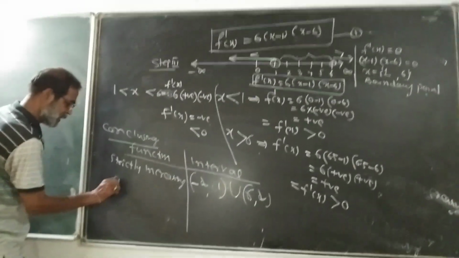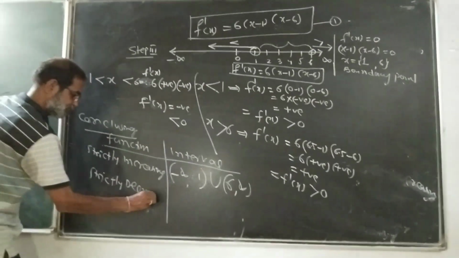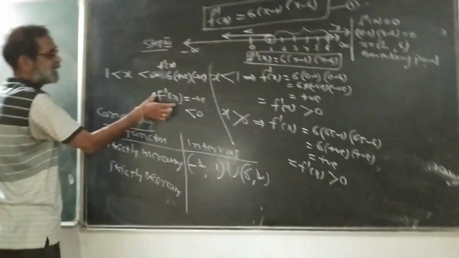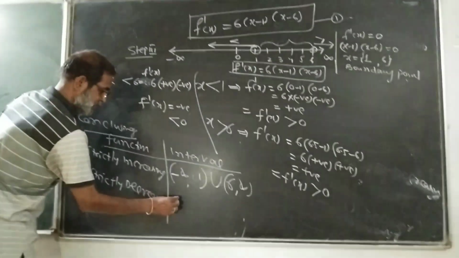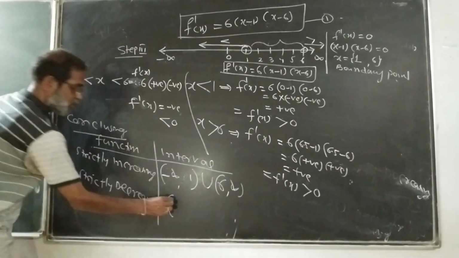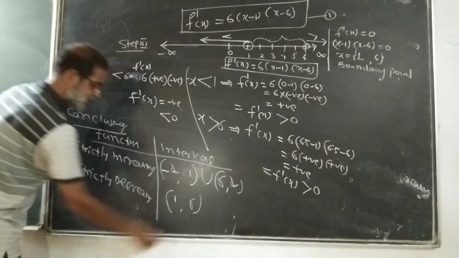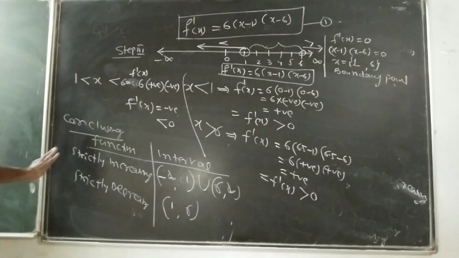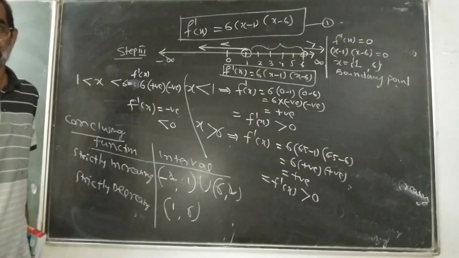Now, strictly decreasing. Decreasing here is less than 0. So the function is decreasing here, open bracket 1 and open bracket 6. So this is the interval. He will ask you how to find the interval.